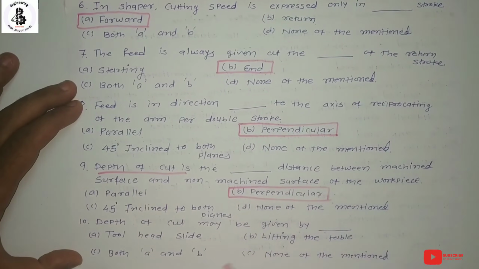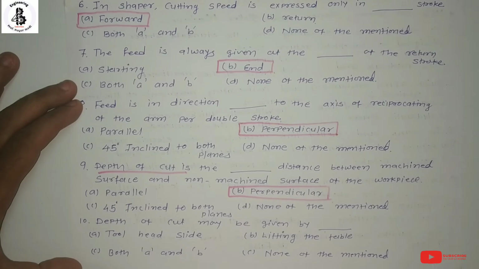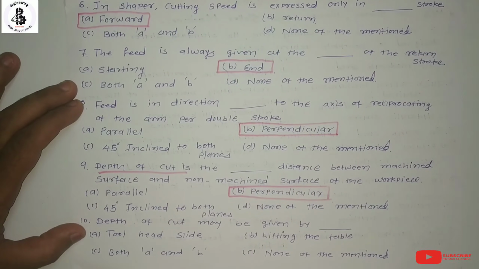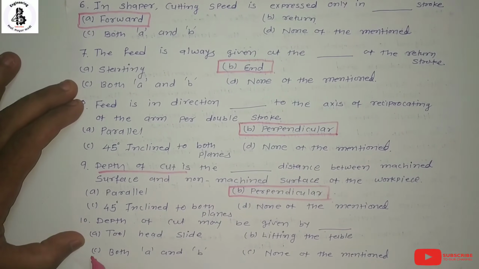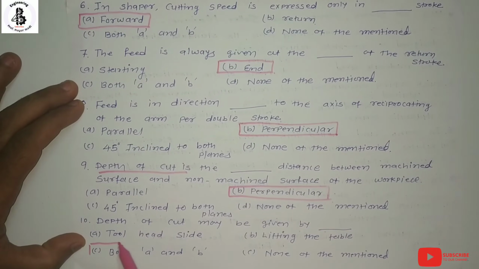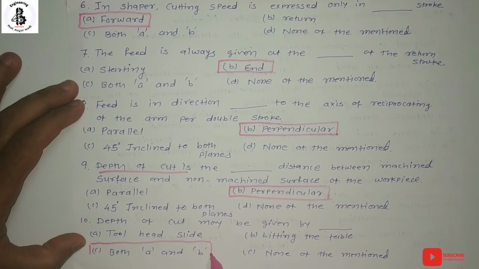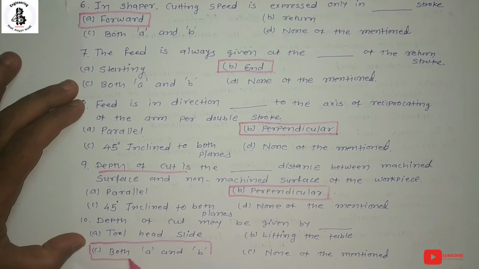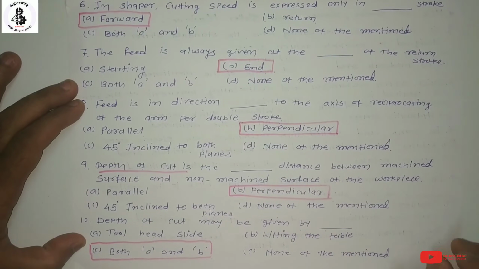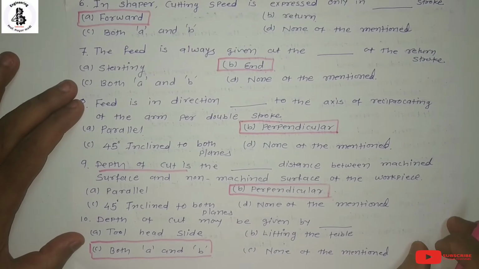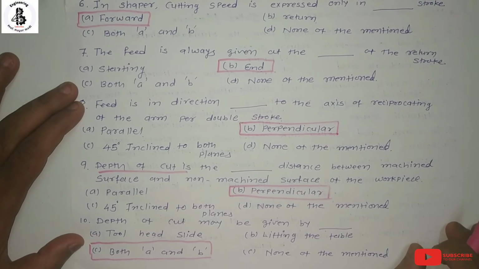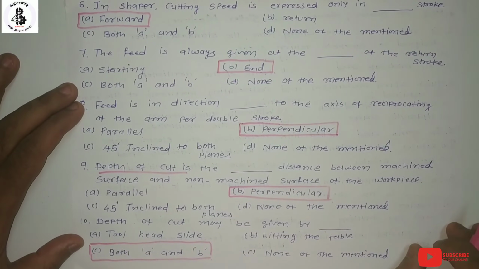So you can easily give a depth of cut for cutting, or making flat surfaces. So the right answer is option C, both tool head slides and lifting the table. Generally that depends upon which kind of surface is being produced by that particular machine and the complexity of the job.